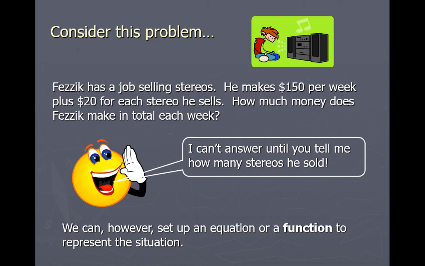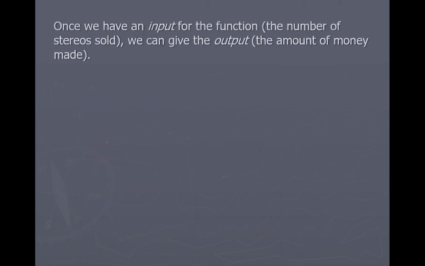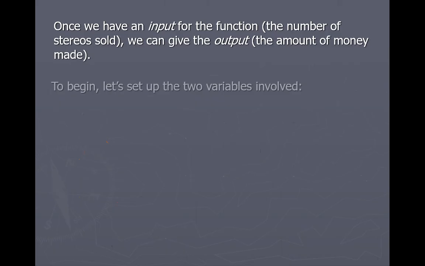So we can set up a function or an equation. Hopefully you're not going to be surprised, even if right now you're like, I don't know if I could make the equation for this. Hopefully when I make the equation, you're going to be like, oh yeah, that one I know. So once we have an input for the function, number of stereos sold, we can give the output, amount of money made. So let's set up the 2 variables involved.